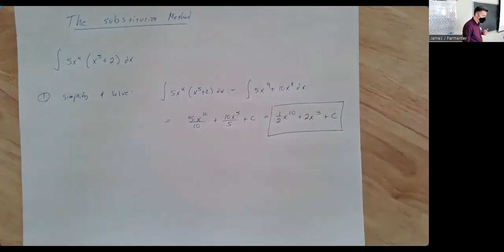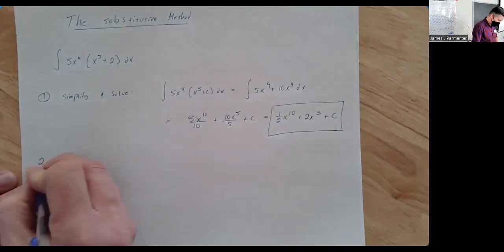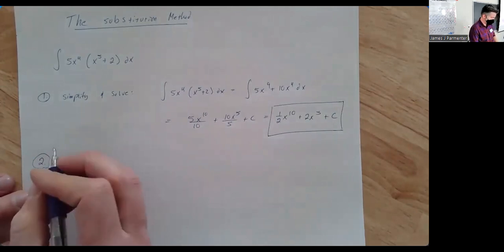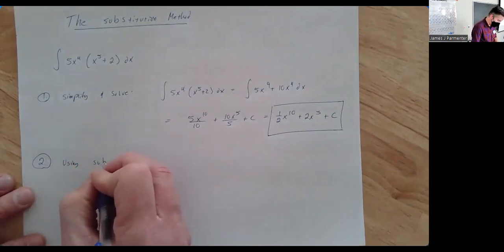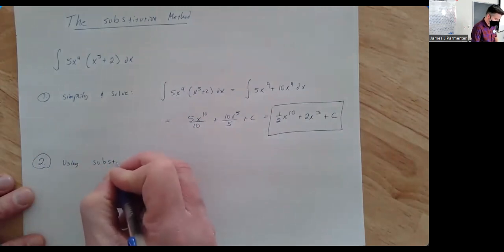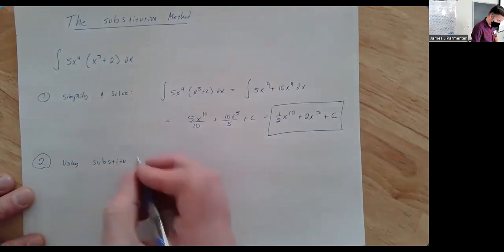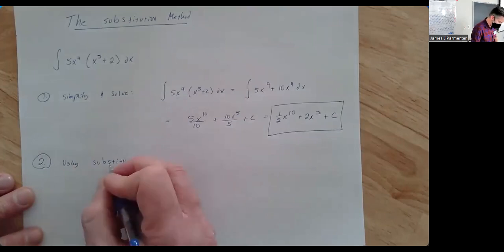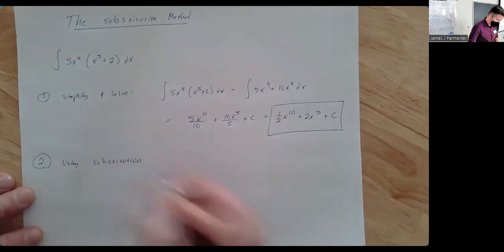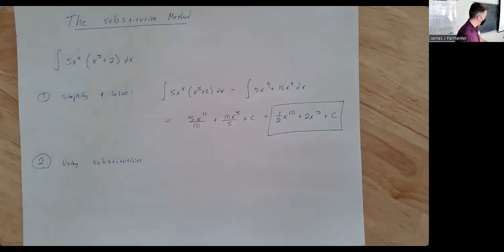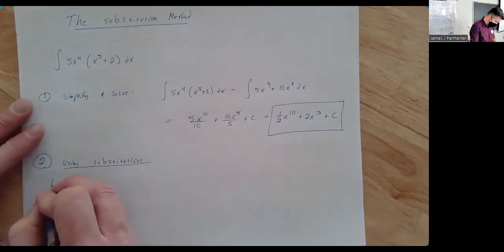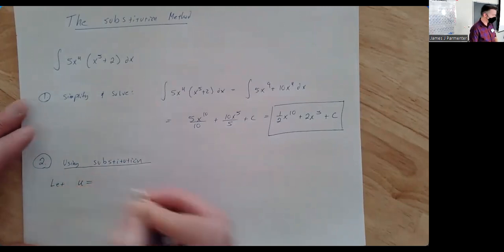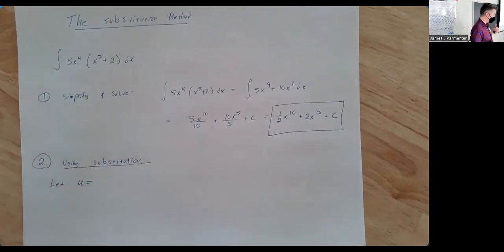Okay, but then there's another way to go. So the idea behind the substitution method is we're going to make a choice of setting u equal to something. All right, using substitution. So the idea here is we're going to pick or let u equal to some piece of the integral.